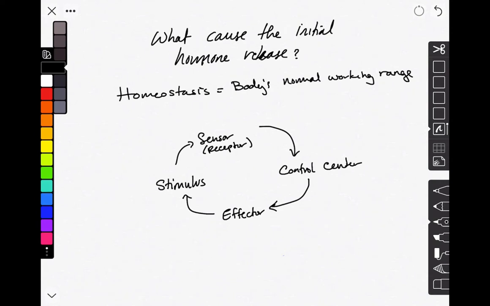All right. So let's think about this in terms of your thermostat, which is probably running quite a bit right now. In the case of your thermostat, the stimulus would be it's cold. And this is going to be sensed by a receptor that actually is located in your thermostat that says the house is too cold.